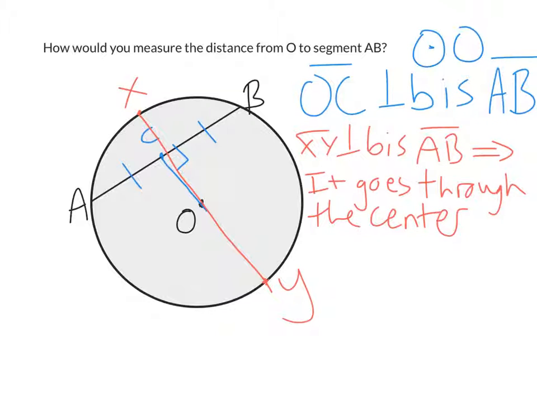So if I'm perpendicularly bisecting a chord that's in the circle, I know that it goes through the center. These are all little things that you can use when solving problems with circles. Super exciting, super fun, awesome.